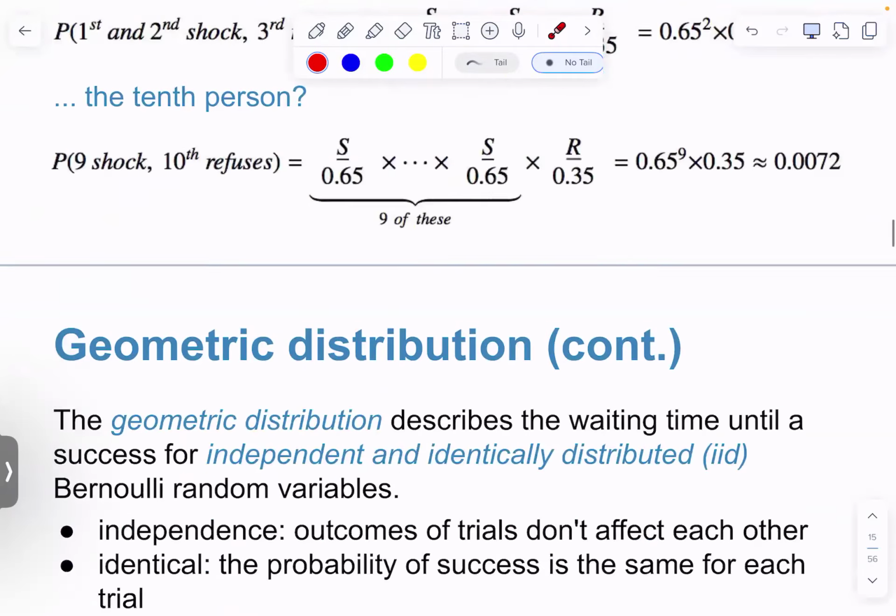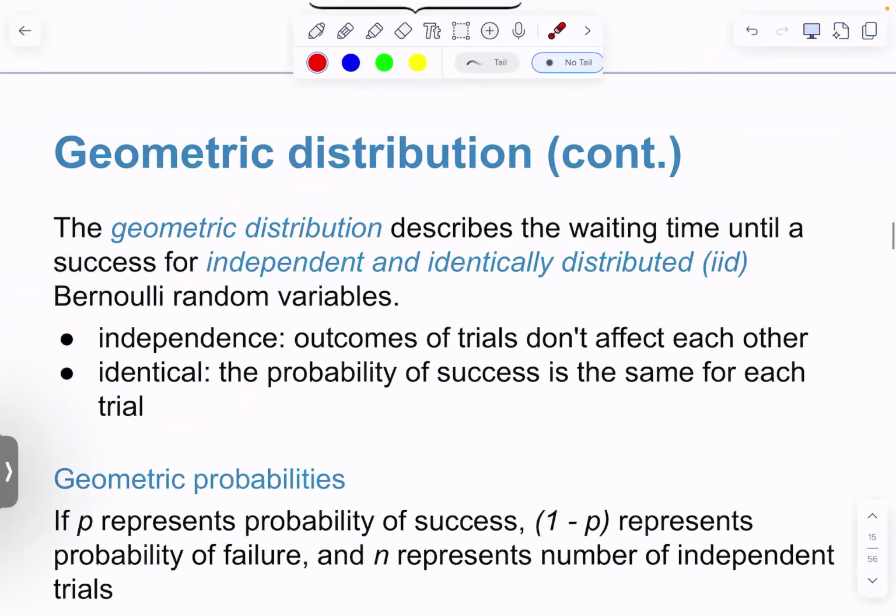So this is what the geometric distribution does for us. It's a special case, but the geometric distribution describes the waiting time until a success, for independent and identically distributed Bernoulli random variables. You don't have to worry about that, but it is technically correct to say it, so we should. The independent part comes from the outcomes, the probabilities are independent of each other, right?